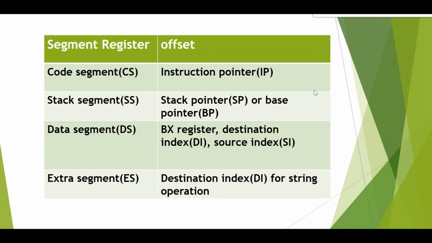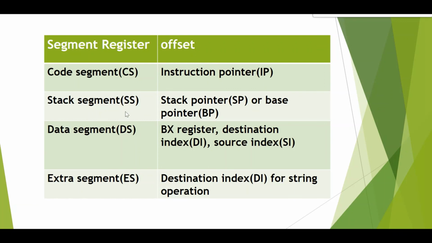So this is the summary. We have the segment registers, and we have the pointer and index registers that hold the offset of that particular segment. For the code segment, the starting address is stored in the code segment register, and the offset is stored in the instruction pointer.